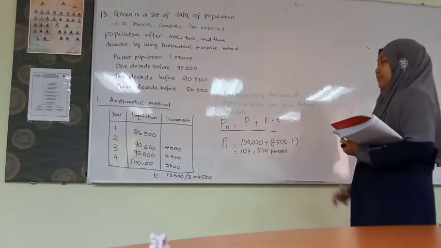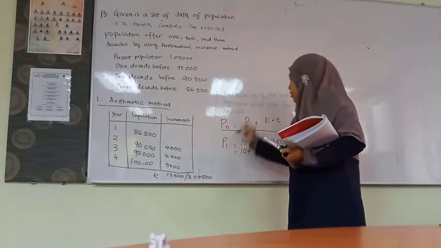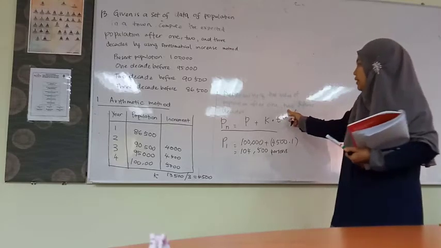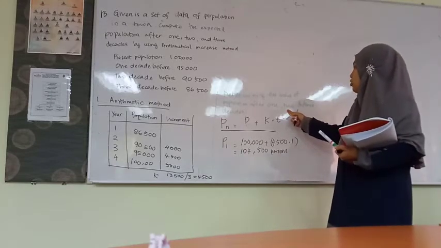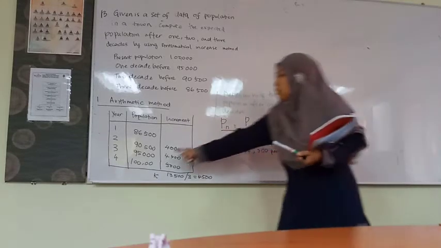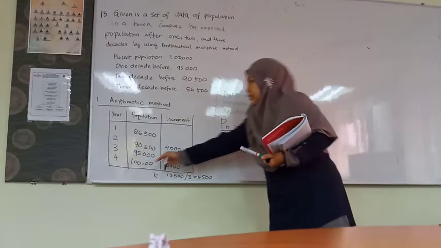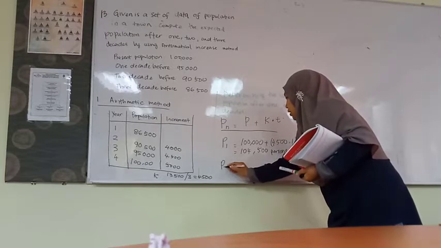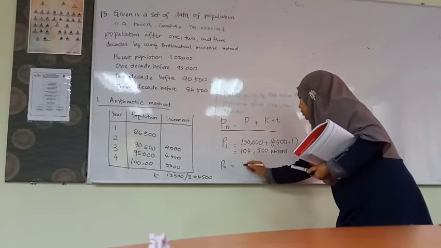For the next question, it wants you to calculate the population for 2 decades after the initial population. Use the same formula and replace with suitable values.